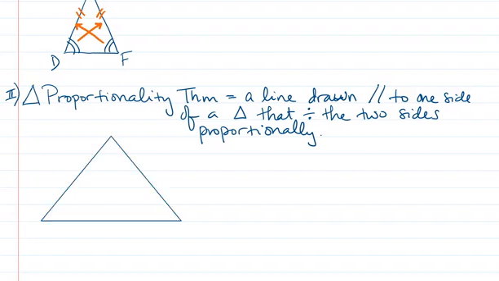All right, I have a triangle here. So let's say I drew a line right here, as best as you can as well. And as you can see, this line right here is parallel to the one at the bottom. All right. So I'm going to label the triangle A, B, C, D, E, just going down the line here.